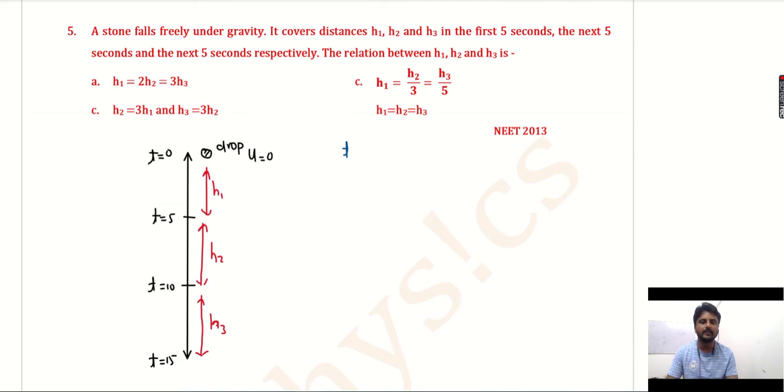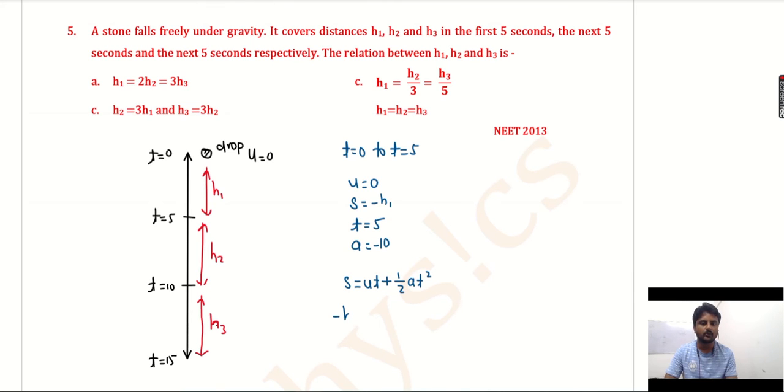So if I am dealing with t is equal to 0 to t is equal to 5 seconds, see what is happening here. U is equal to 0. S is equal to the distance covered by the stone, minus h1. What is the time taken? t is equal to 5, and acceleration due to gravity is minus 10. So we can write S is equal to ut plus half at square.